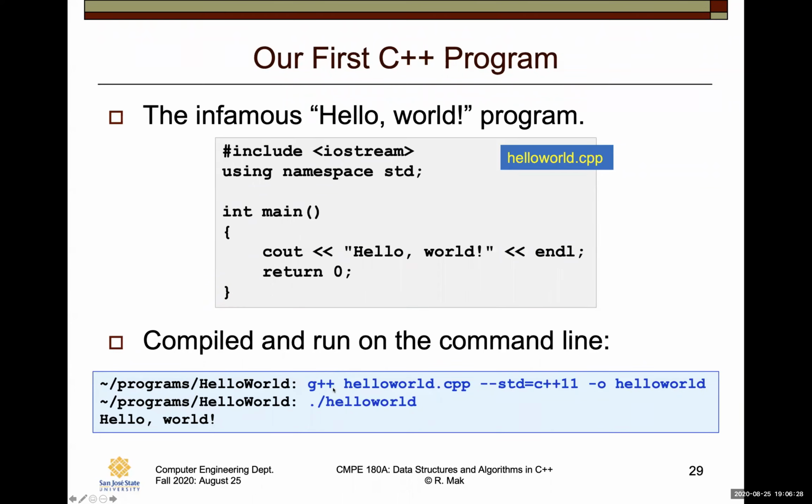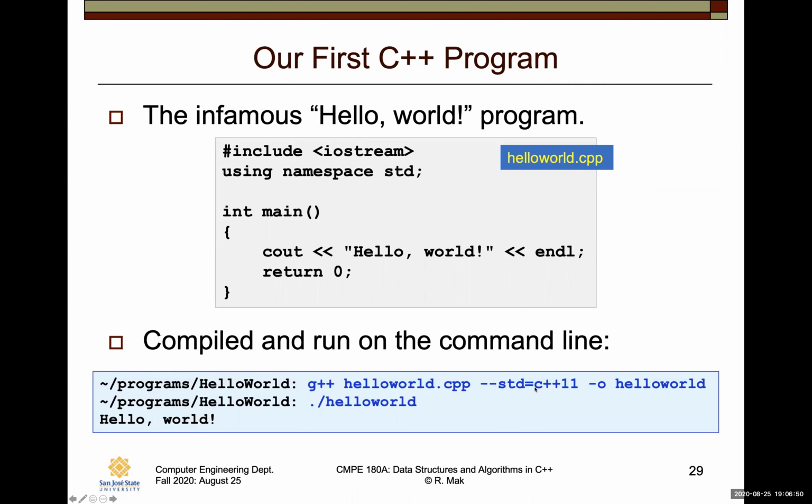The compiler is called g++, not c++, but g++. And this file here is helloworld.cpp. .cpp stands for C++, so that's the standard suffix for a C++ source file.